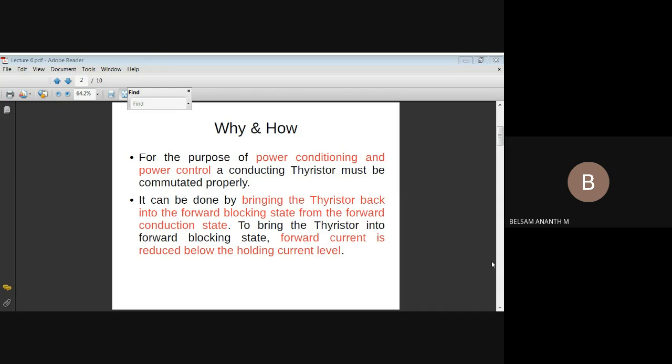And also, the forward current must be reduced to the holding current. Only when we fulfill these two conditions should we go ahead with the commutation technique. Please remember in your mind: one is to bring the thyristor back into the forward blocking state from the forward conduction state, and another is that the forward current must be reduced to the holding current.